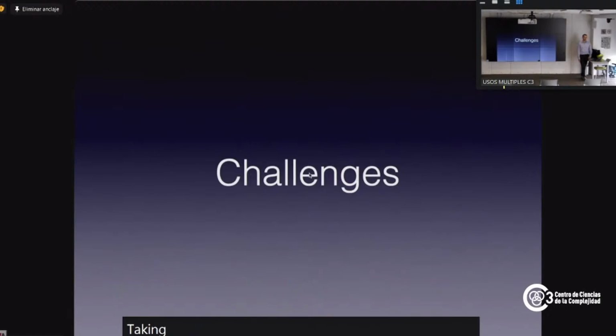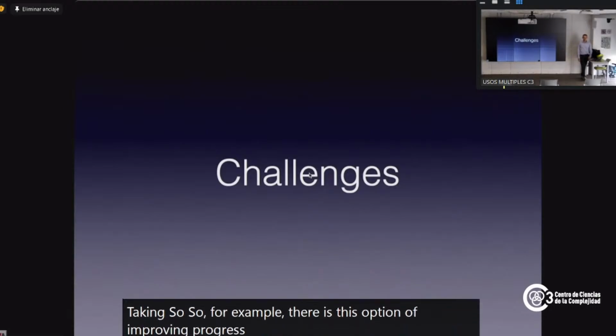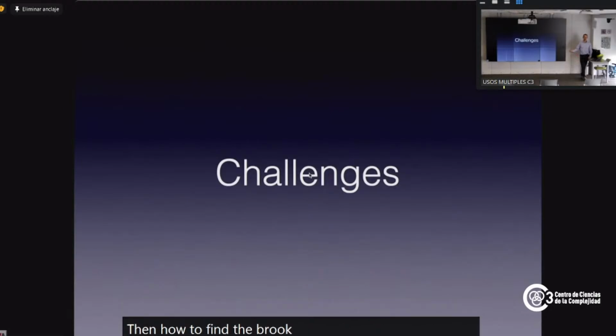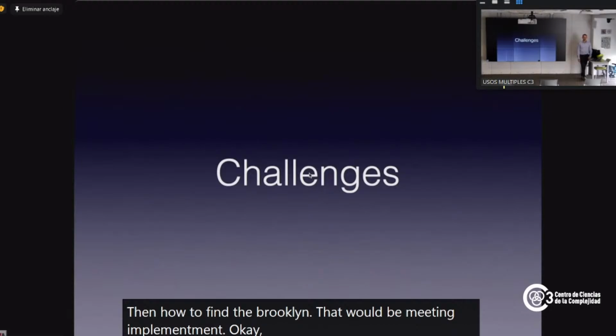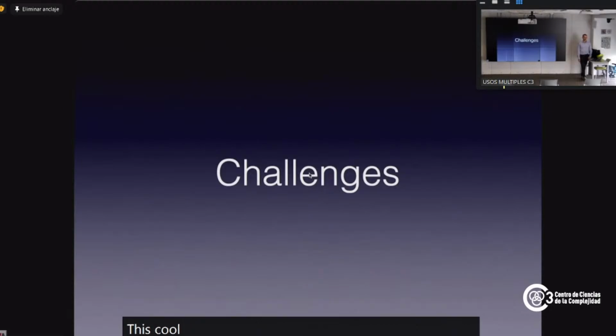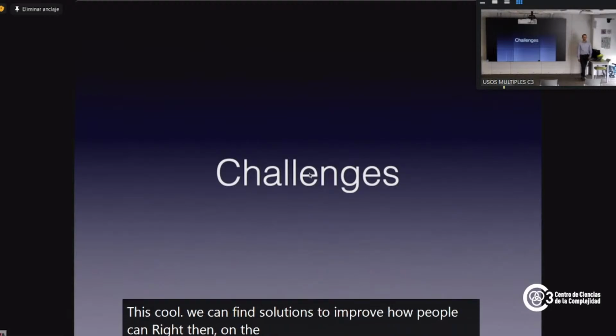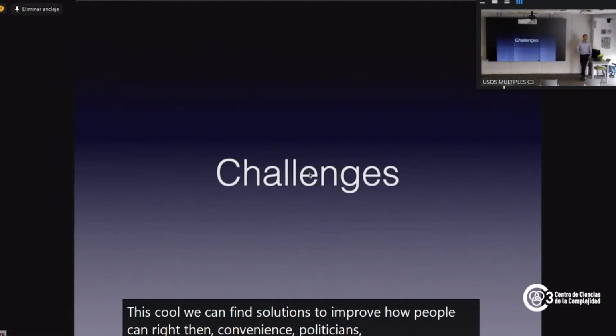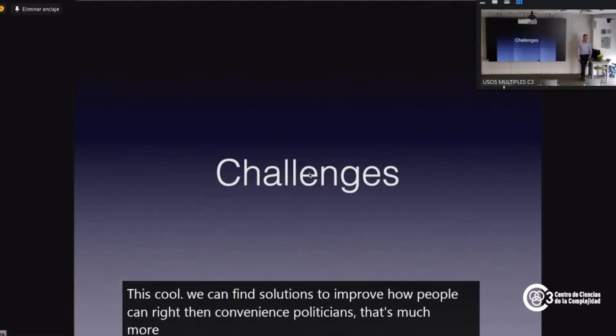We mentioned this already. For example, there's this potential of improving bureaucracies, but then how do you find a bureaucracy that would be willing to implement this improvement? That's much more difficult. Or we can find solutions to improve how people drive, but then convincing politicians to implement those changes is much more challenging.